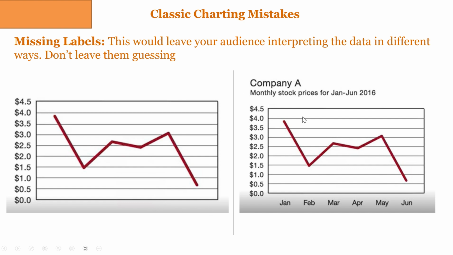But if we move to the right, you can see, oh, this is for company A. This is the monthly stock prices for January to June, and under here you can see that January to June is on the x-axis of the chart. So that clearly explains that you just can't leave your charts hanging.